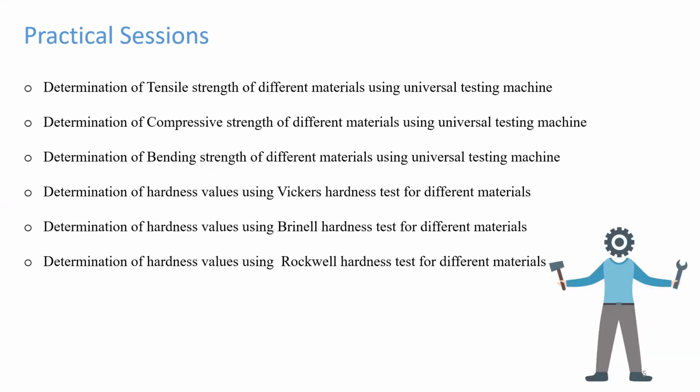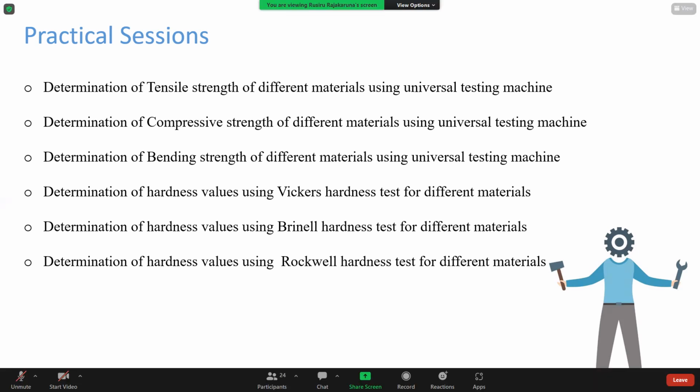In addition to that, you are supposed to do practical sessions to complete this module. We are very strict on the practical sessions, so 100% attendance should be there to fulfill them.